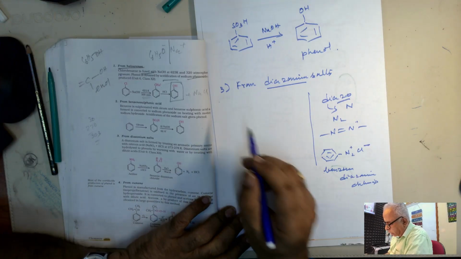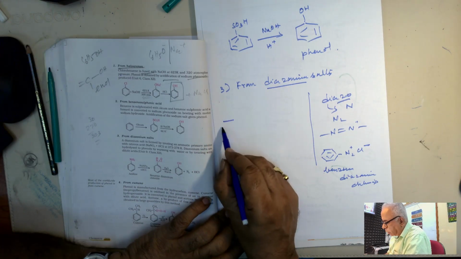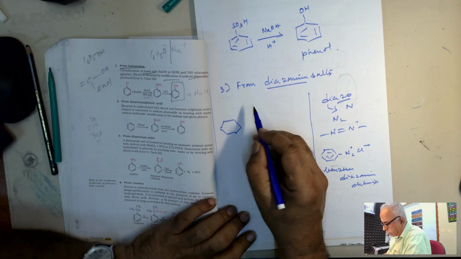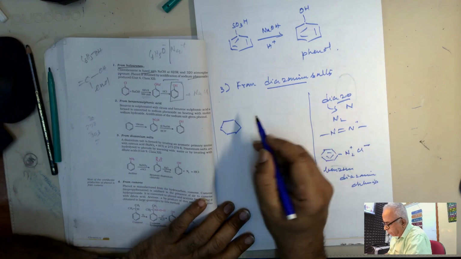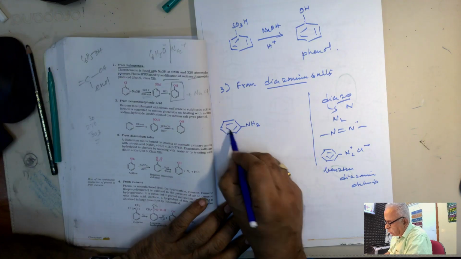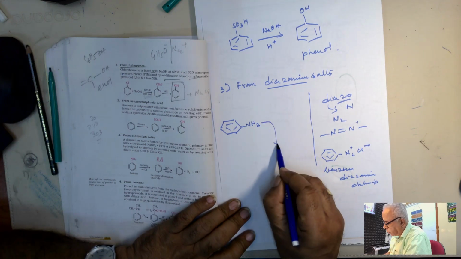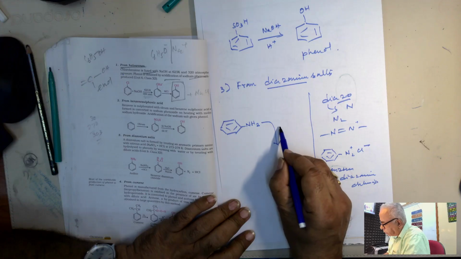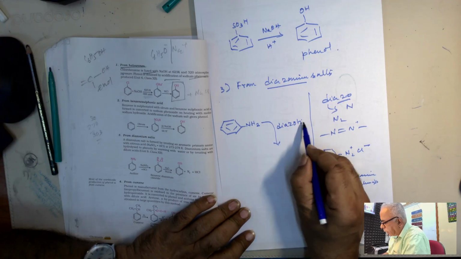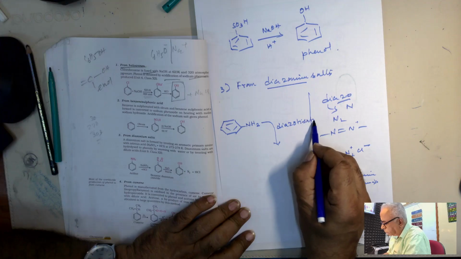Now let us combine this with aniline, NH2. So first it is subjected to diazotization. This is a very important reaction, diazotization.